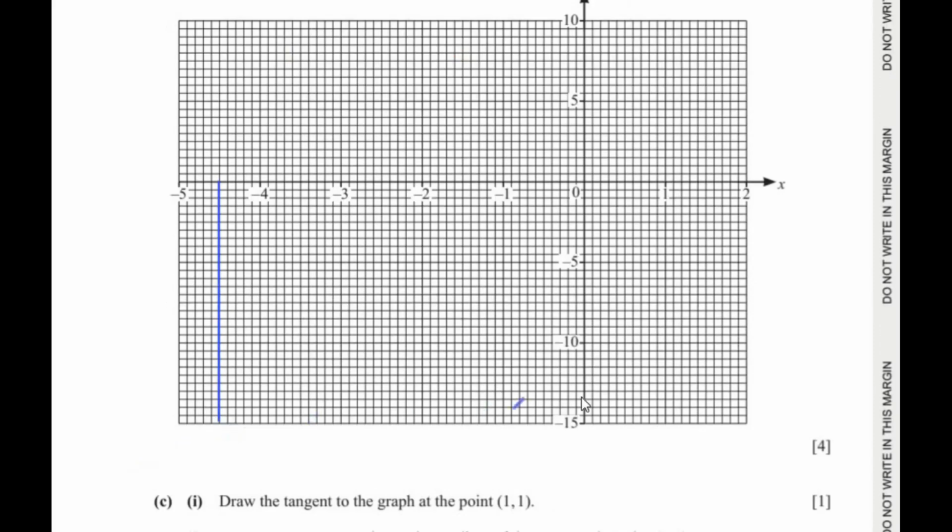Now after drawing this, the y coordinate is at negative 14.1. Since this is negative 15, negative 14 will be 2 blocks away. This is a difference of 2 blocks, that is this is negative 14, negative 13, negative 12, negative 11 and negative 10 as you can see. So here negative 14 comes over here and since we have negative 14.1, let us take it a bit lower.